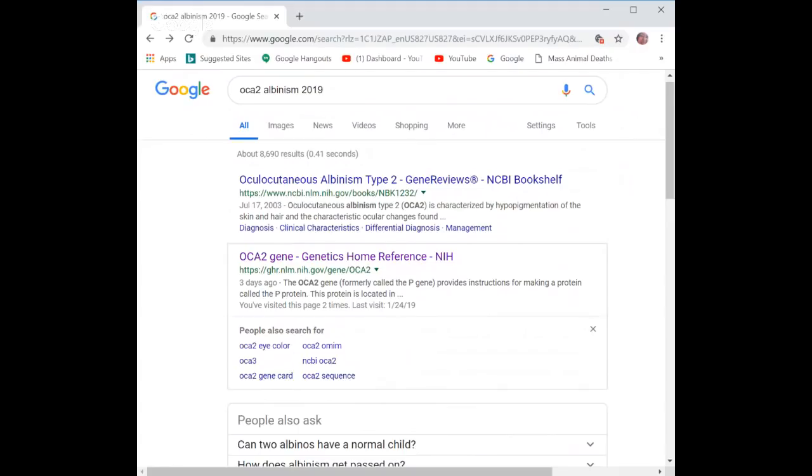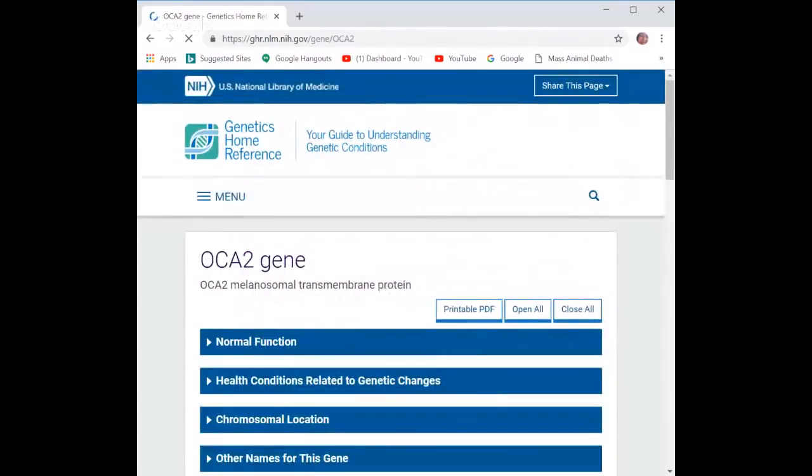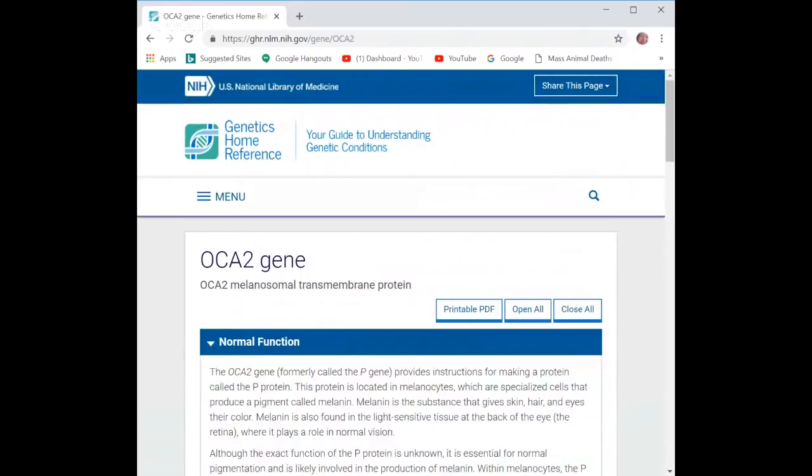So he mentioned the OCA2 gene, and I just noticed on the NIH website they have the OCA gene, an article that was put out a few days ago. So the OCA gene is important for eye color, and it is also therefore important for melanocyte function.